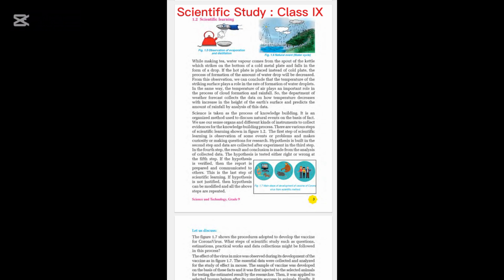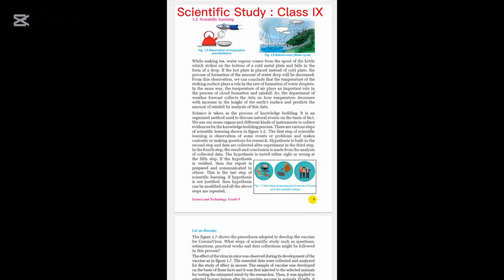From this observation, we can conclude that the temperature of the striking surface plays a role in the rate of formation of water droplets. In the same way, the temperature of air plays an important role in the process of cloud formation and rainfall. So the Department of Weather Forecast collects data on how temperature decreases with the increase in height from Earth's surface and predicts the amount of rainfall by analysis of this data.